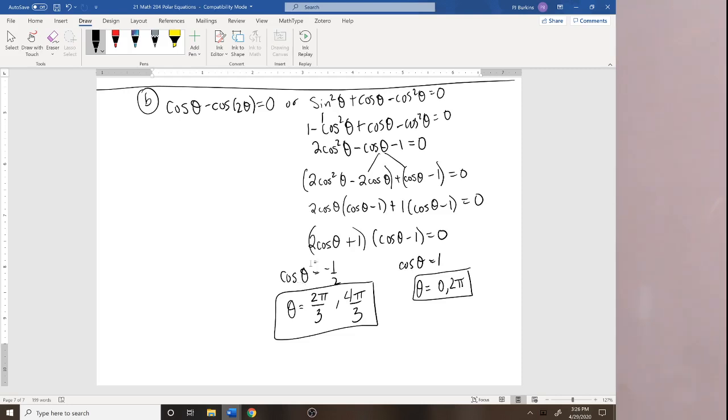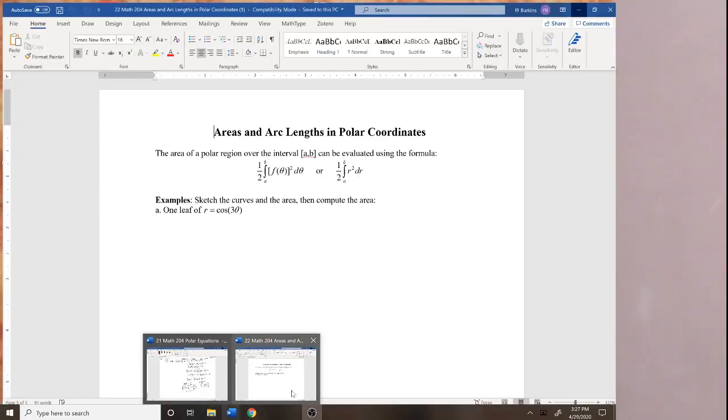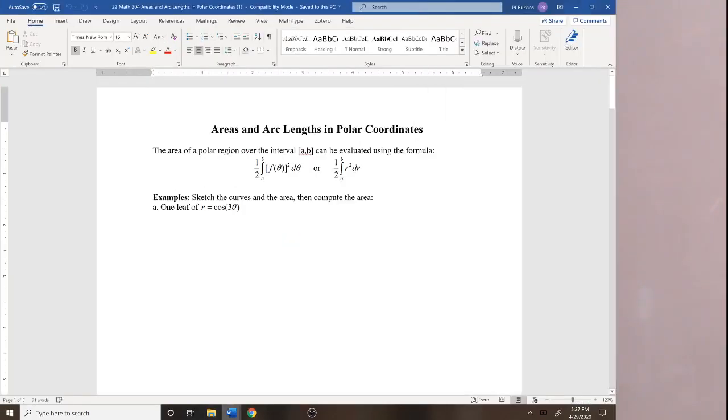Okay. Gotta love that little tunnel. Ooh, that was neat. There we go. All right.